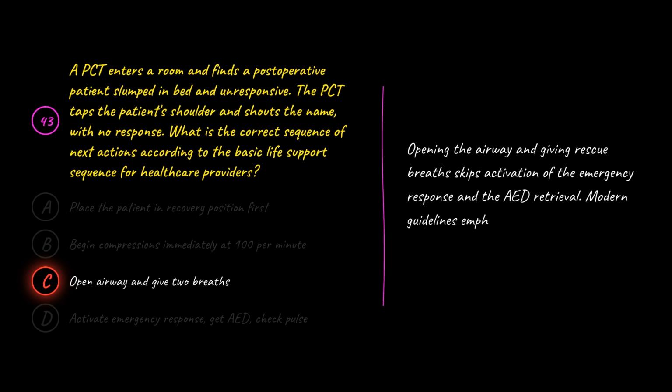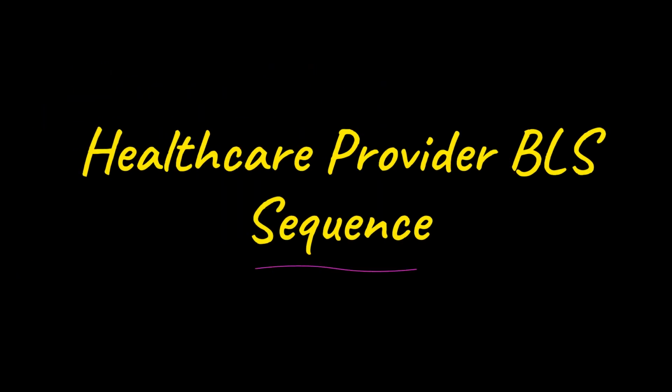Modern guidelines emphasize early defibrillation as the priority for adults in sudden collapse on the unit. Basic life support for healthcare providers follows a specific, order-dependent sequence designed to get the highest impact interventions in place within the first critical minutes of cardiac arrest.